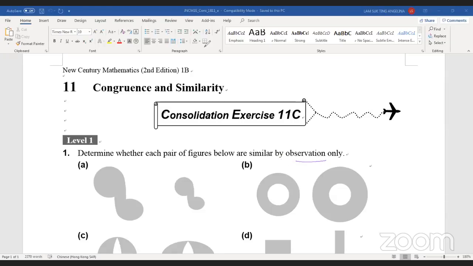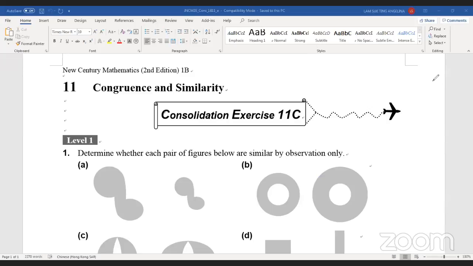Therefore, you just look at the diagram and try to determine whether they are similar or not. Say for this case, not similar. It means just by looking at it, by observation.